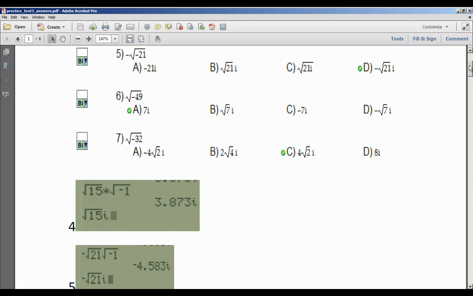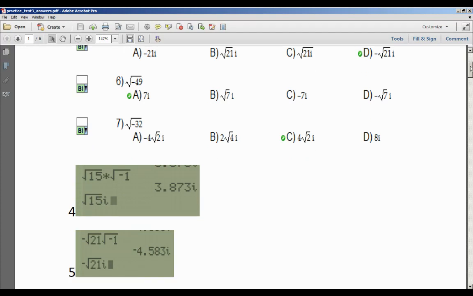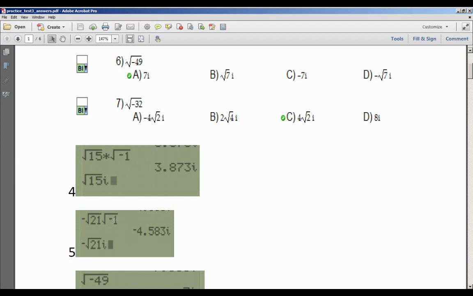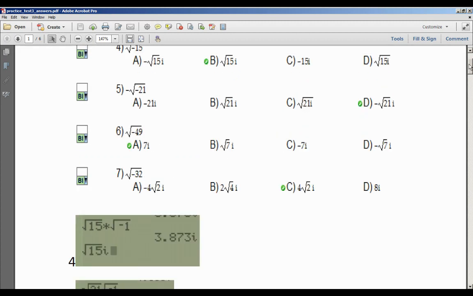Number 5, you're looking at the negative of the square root of negative 21. Same idea here. I can put this into my calculator, square root of negative 21, and come up with negative 4 point whatever. And if I look at number 5, I know my answer is negative. Well, it can't be letter C and it can't be D. So I don't think it's 21i.